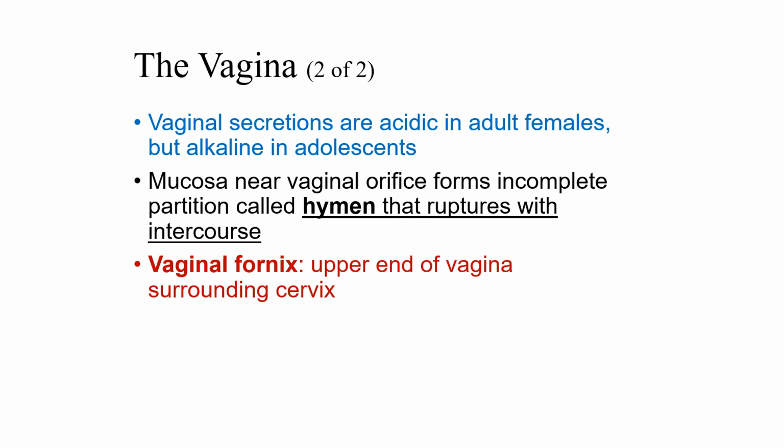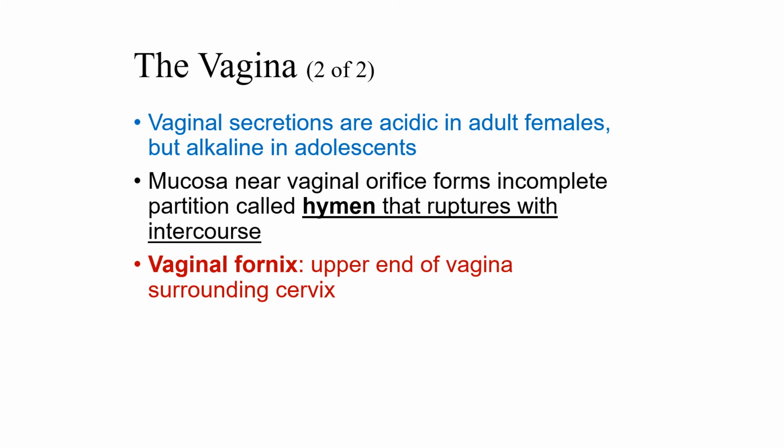The mucosa near the vagina opening forms a partition called the hymen, also known as the maiden's head. And this is what physicians looked for in a prospective wife of the king or the emperor to make sure that she was a virgin. They looked for the hymen.